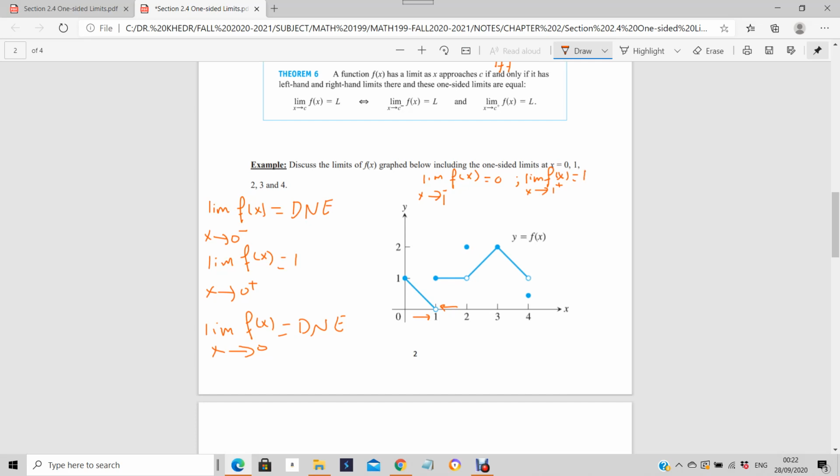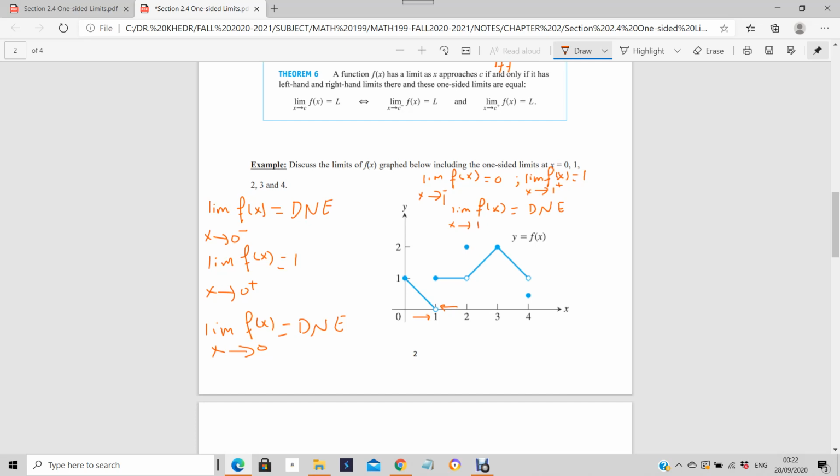Okay. Now the two-sided limits are different. The left side limit is 0, and the right side limit is 1. So since the two-sided limits are different, we will say lim f of x as x goes to 1 does not exist, because the two-sided limits are different.